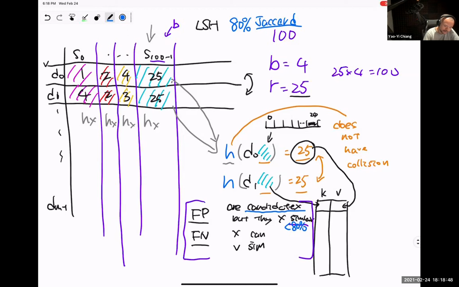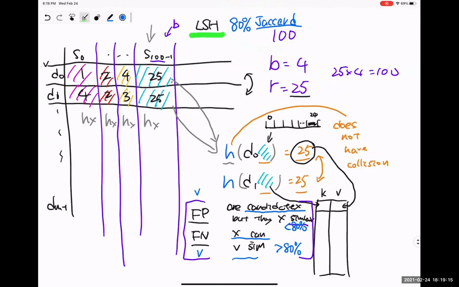And if you look at your false negative, this is LSH says they cannot be a candidate pair, but the similarity is larger than 80%. So what does this tell you then? This tells you that your false positive and false negative rate depends on how you define your similarity and what else, and depends on what?